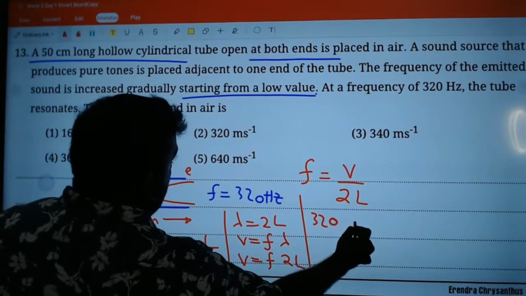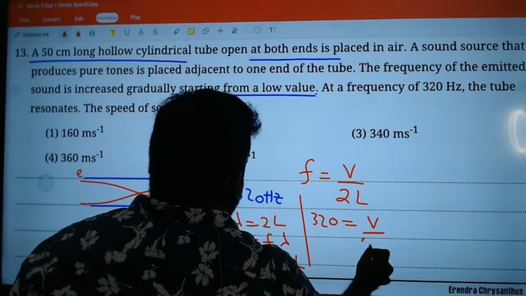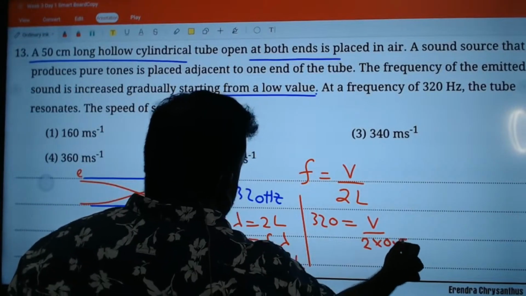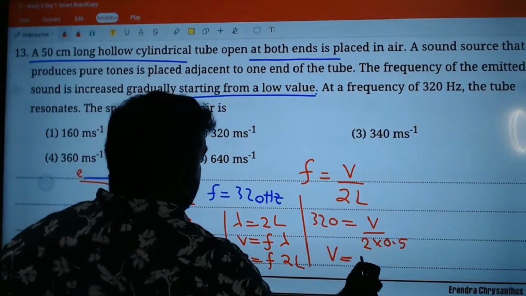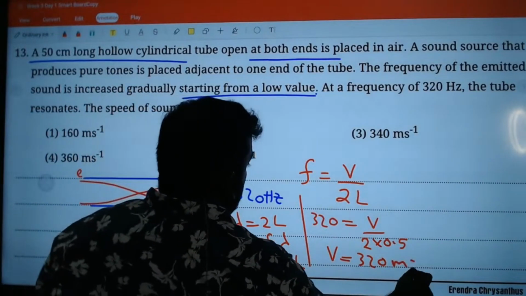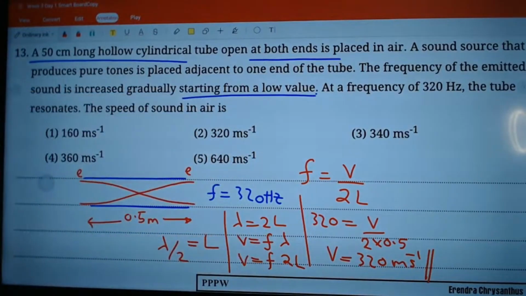Frequency is 320 Hertz. Velocity of sound in air we don't know. 2 times length 0.5, neglecting end correction, is 1. So velocity of sound in air is 320 meters per second. Okay, no?